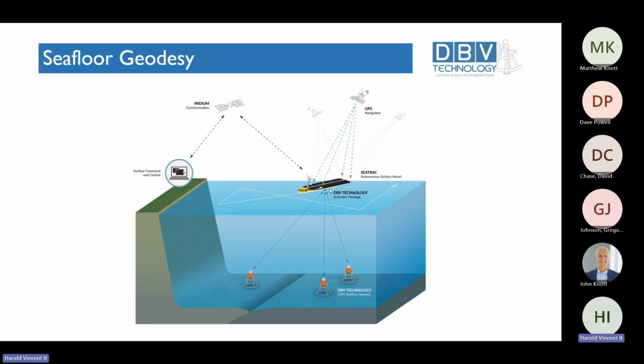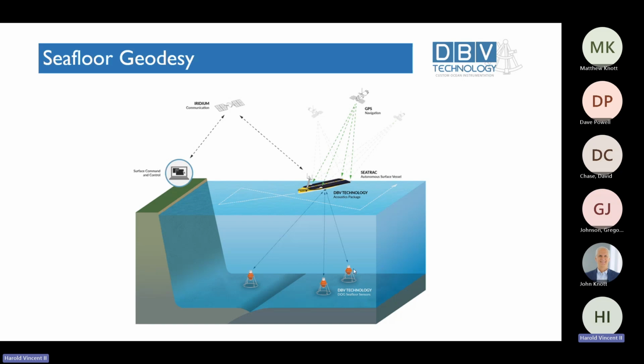You use an autonomous surface vehicle that transits, collecting GPS, transmitting acoustic signals into the water synchronized with GPS. That allows precise determination of the position of the seafloor sensors to centimeter level, sub-centimeter level position.